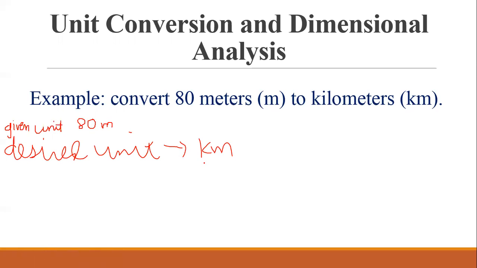In this case, we have units in meters and we want to convert to kilometers. So we need to determine a conversion factor relating meters to kilometers. A conversion factor is a ratio expressing how many of one unit are equal to another unit. For example, there are 12 inches in 1 foot, 100 centimeters in 1 meter, 60 seconds in 1 minute, and so on.